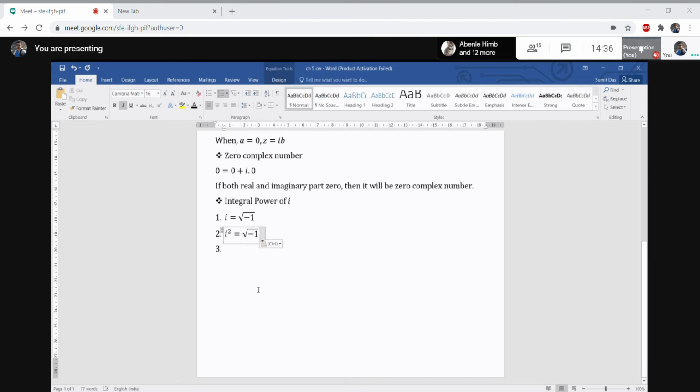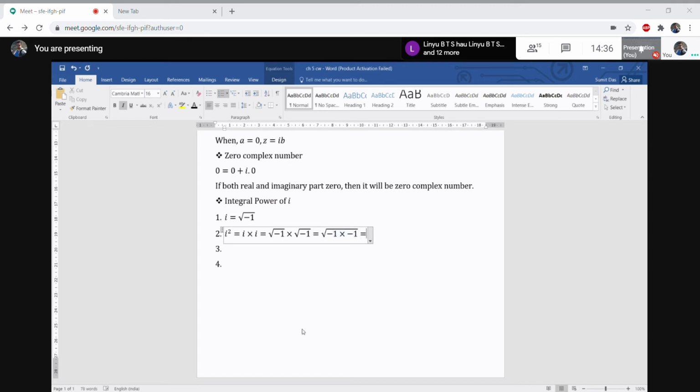We can write i into i. So i into i, putting the value, equals square root of -1 into square root of -1.